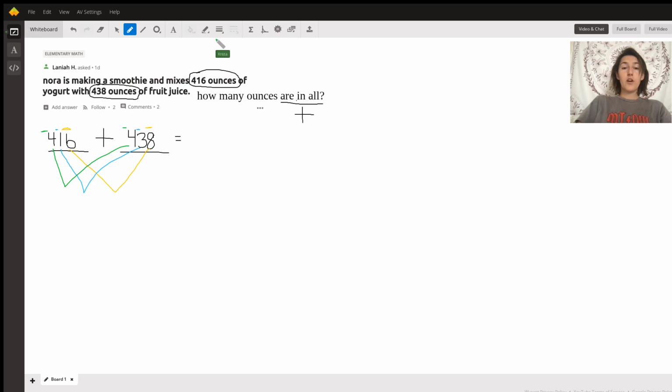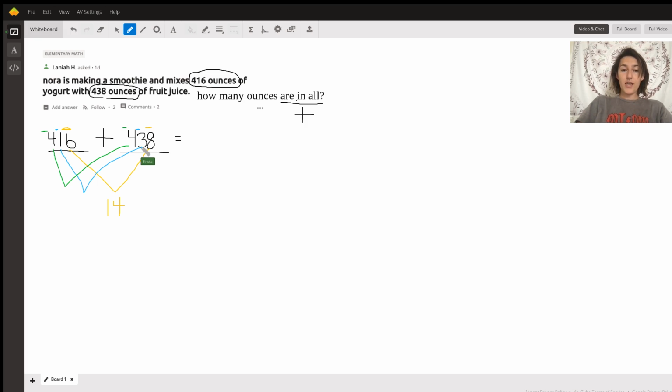So we're going to start. We can actually do it in any order. We can start with the ones. 8 plus 6. You can count on your fingers if you need to remember. 8 plus 6. That's 14. Okay, now I'm going to add the tens together. This says 3, but I know because it's in the tens place, it's really 30.